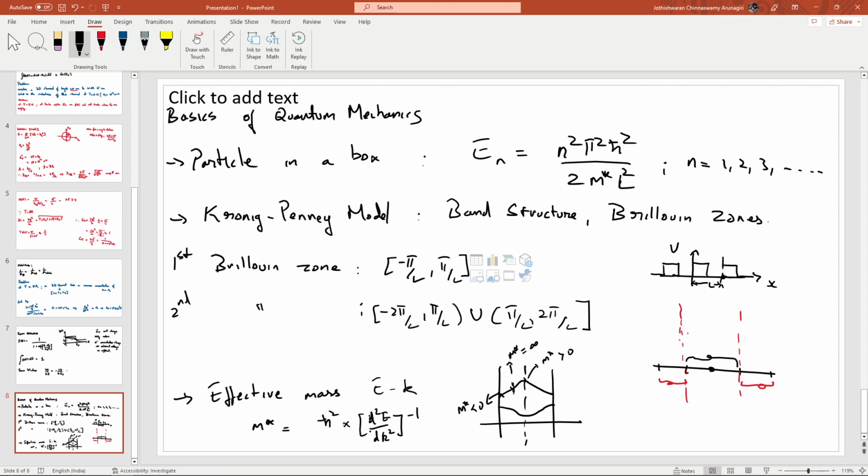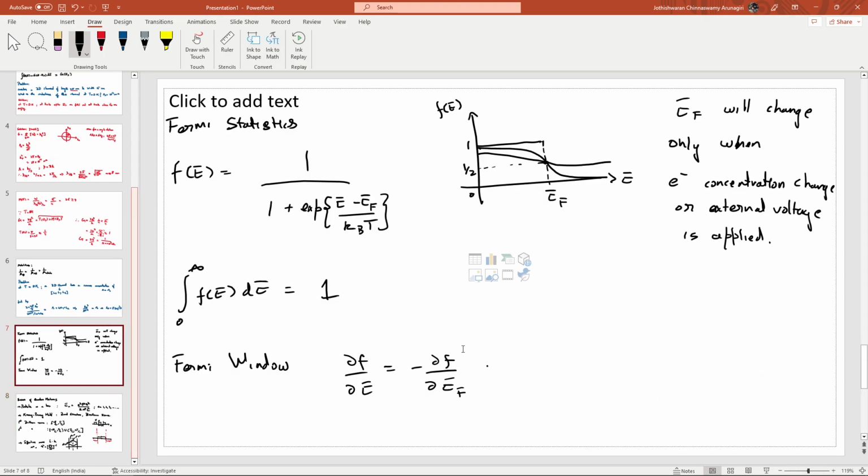So use this formula, calculate d square E upon dk squared, substitute the value of k, and get the answer. So this is like the basics of quantum mechanics along with the properties of the Fermi function. So this part is also done.